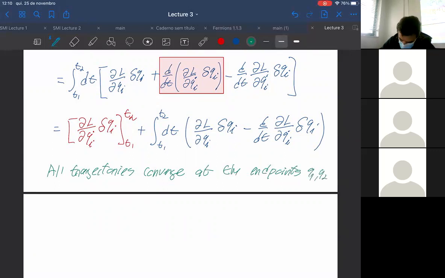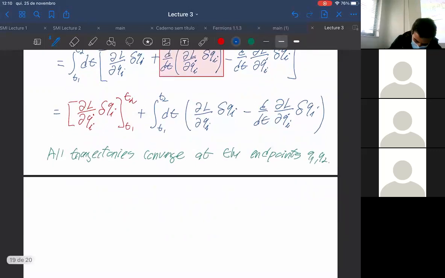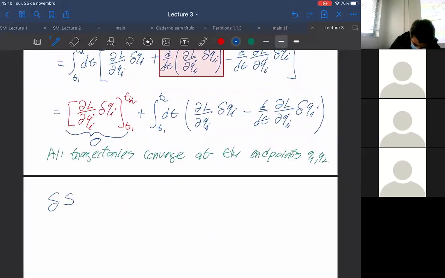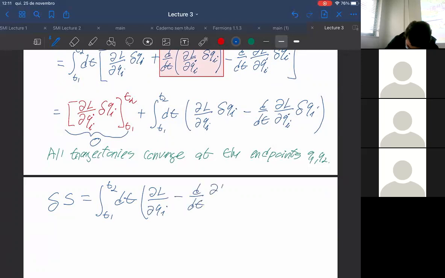Q1, Q2, basically. So this means that this first one is 0. This is 0. And our δS is the integral from T1 to T2 dt, and now I will put the δq's outside, dL/dqi minus d/dt dL/dq̇i times δqi.